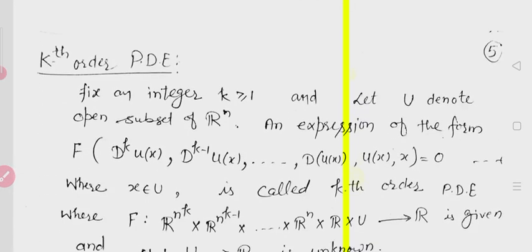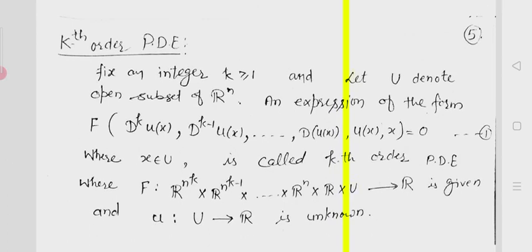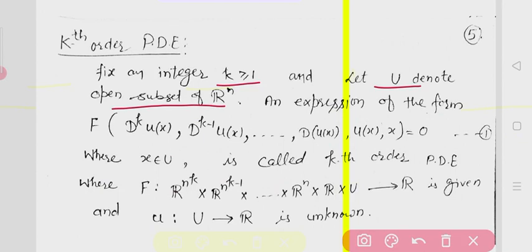Now the definition of a standard kth order PDE. So what is the kth order PDE? If we fix some integer k greater than or equal to 1 and let U be some open subset of R^n, then an expression of the form F(D^k u, D^(k-1) u, ..., Du, u, x) = 0, where x belongs to U and U is a subset of R^n, is called the kth order partial differential equation.